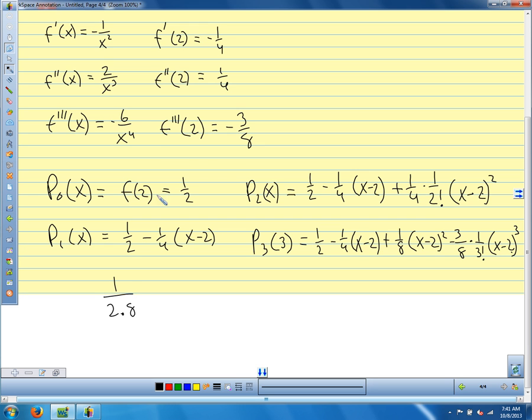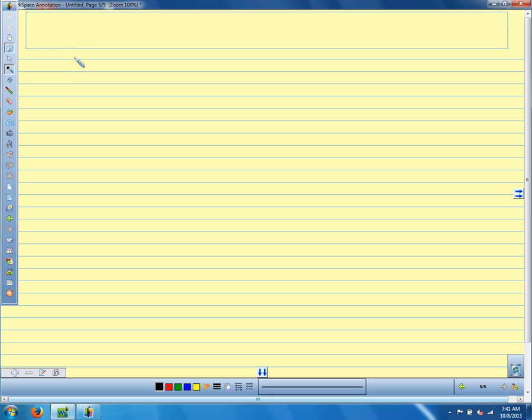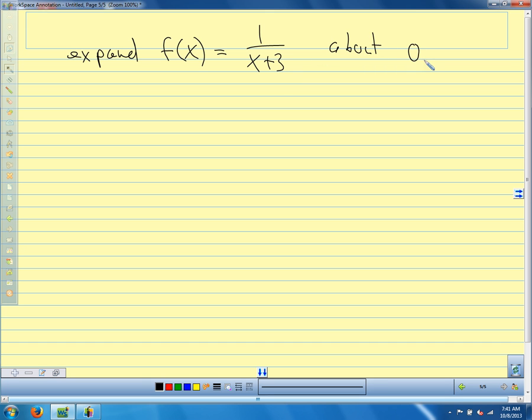Just another option that we could do for our approximation is we could expand f of x equals 1 over x plus 3 about 0.